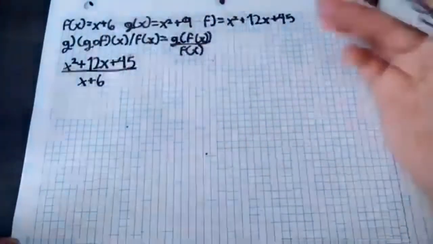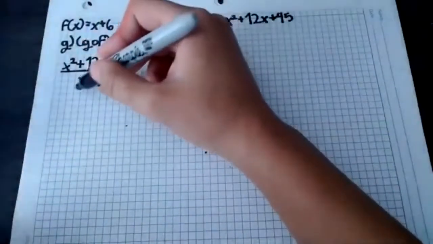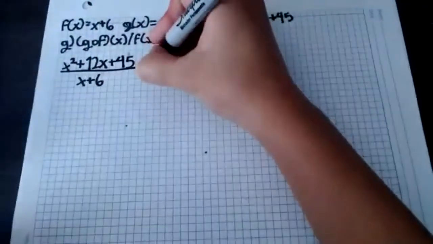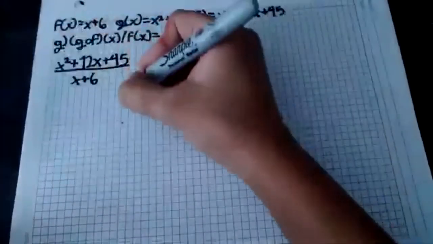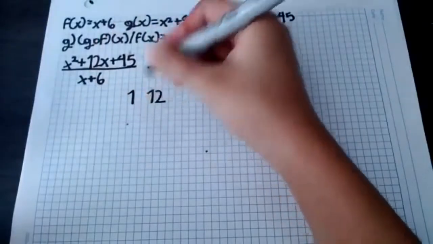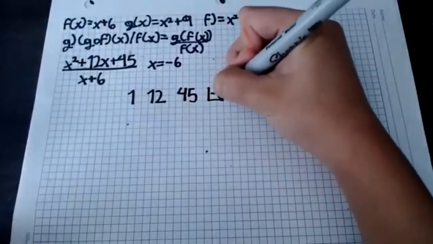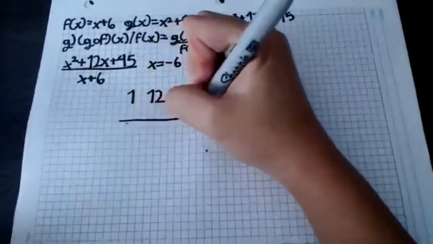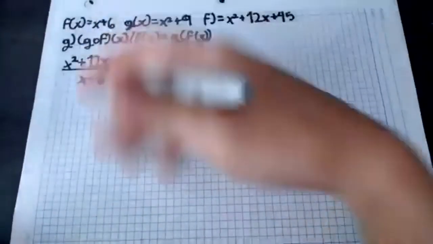Now we're also going to use synthetic division, and again we just pass the 6 to the other side, which is x equals minus 6. We pass the 1 of the x squared, the 12 of the x, and the 45, and write the minus 6 here. So we can do the multiplications and all that. We just pass the 1.